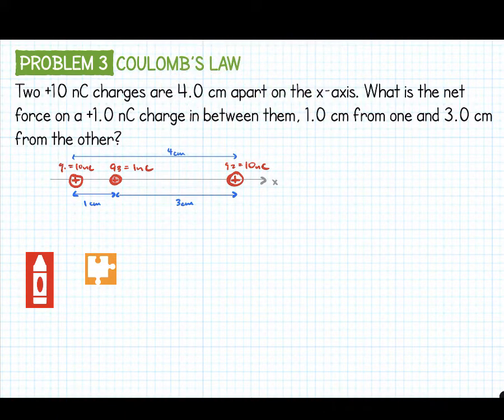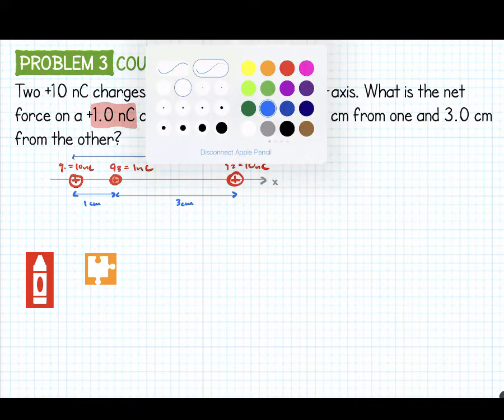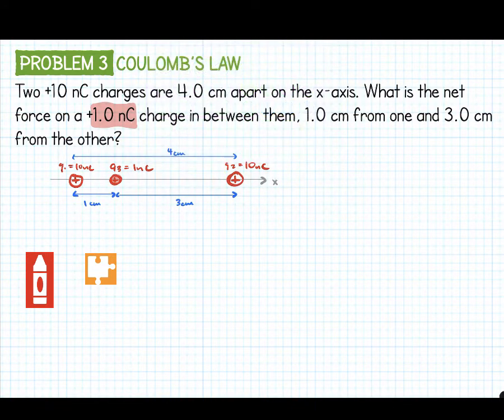Remember, each charge is going to have 2 forces on it, one from each of the other charges. But because we're asked for the net force on this guy, we only calculate the net force on that guy. So we'll start out with calculating this force.